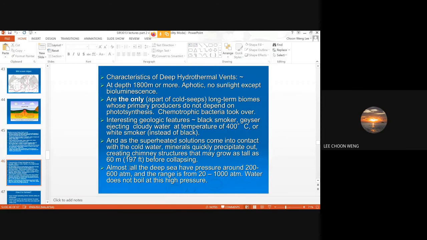Okay, then because there's very high pressure at the deep sea levels, the water does not boil at this high pressure. You can have temperatures up to 400 degrees Celsius, and the water is still not boiling. Okay, so these are characteristics of the deep sea hydrothermal vent.